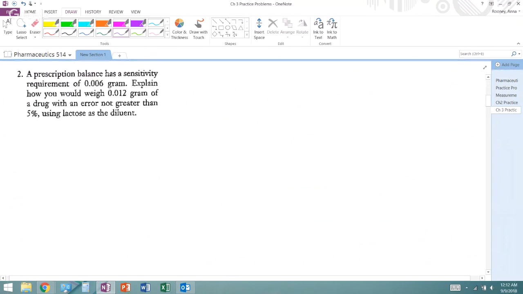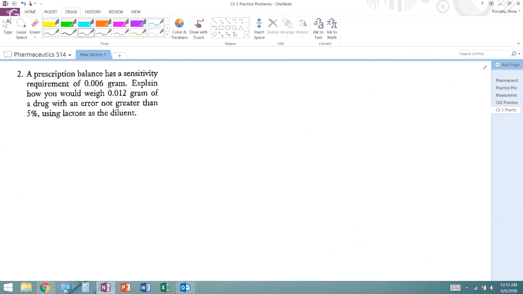Okay, so a prescription has a balance sensitivity requirement of 0.006 grams. Explain how you would weigh 0.012 gram of a drug with an error not greater than 5% using lactose as a diluent.